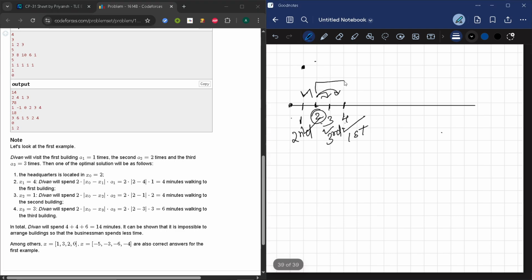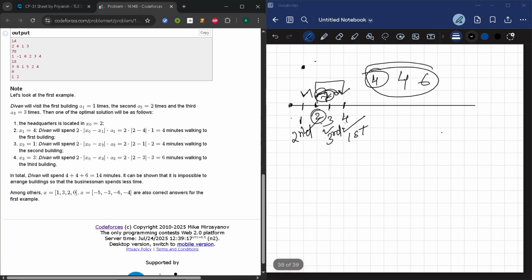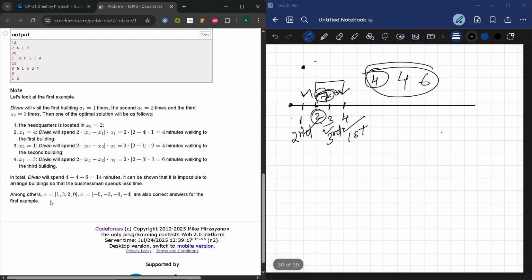If he goes walking to this building one time, it will take him 4 minutes. And if he goes to this building two times, it will take again 4 minutes, and here it will take 6 minutes. This is the minimum time which can be achieved. There are multiple answers as well, like he took it as 1320.